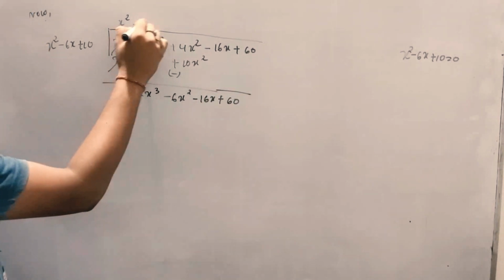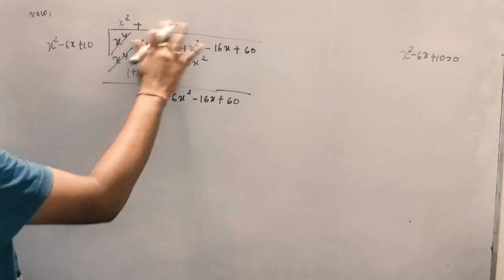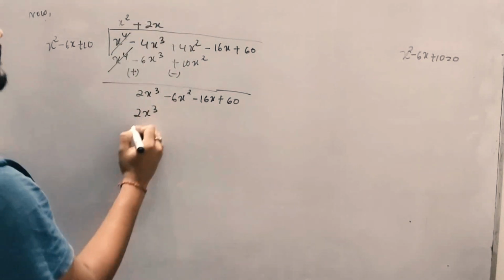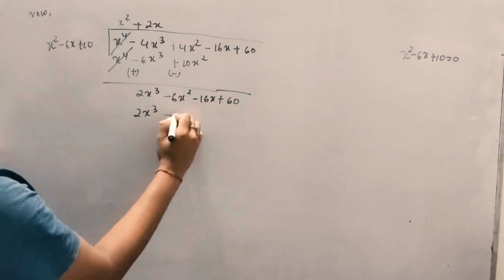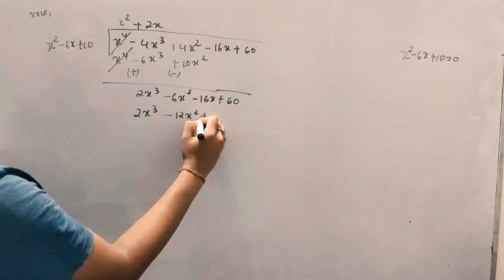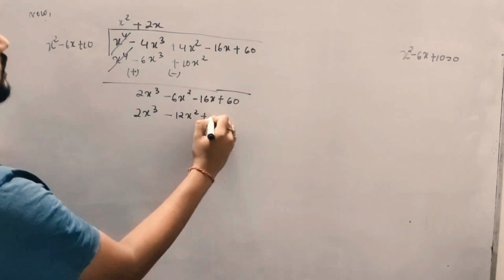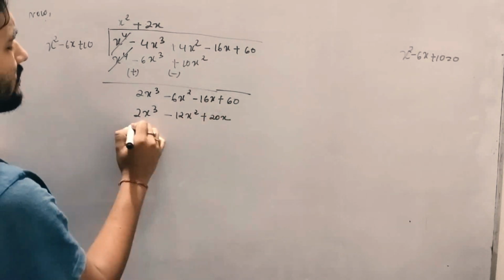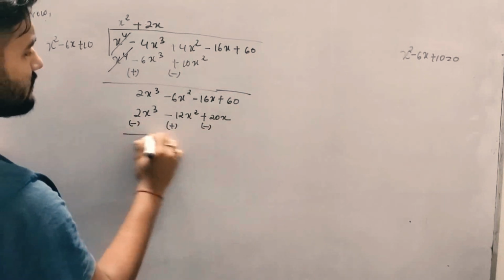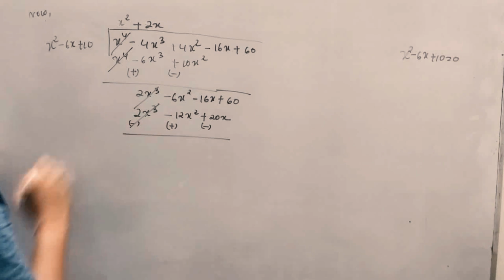2 is there, so plus 2x cube. So I have to give twice x, right? So it becomes 2x cube minus 12x square plus 20x. Minus plus minus, cancel this one.